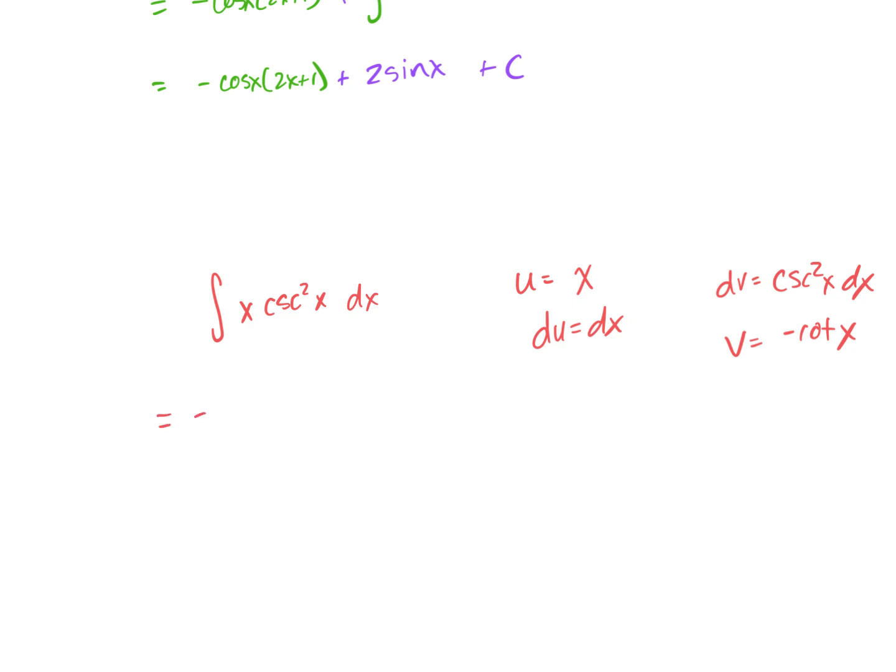So uv becomes negative x cotangent x minus the integral of negative cotangent x dx. And again, I would immediately make those both positive so I don't lose track of my negative signs.